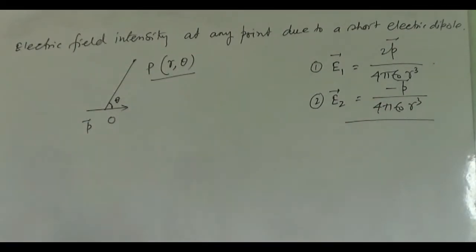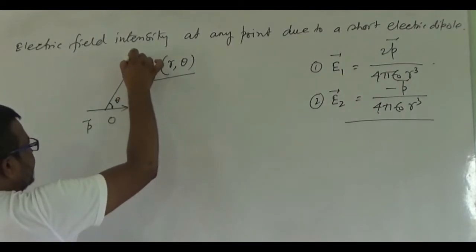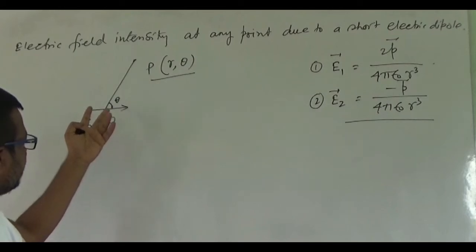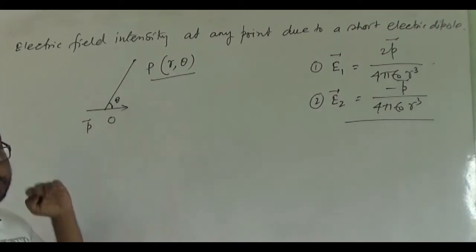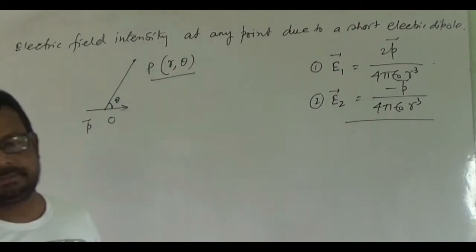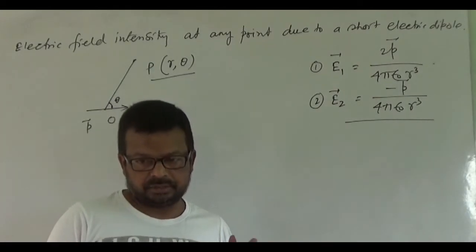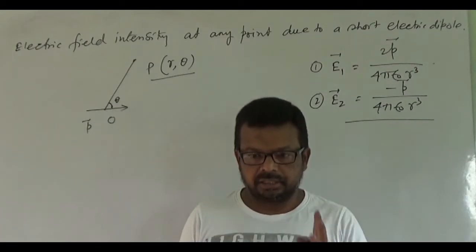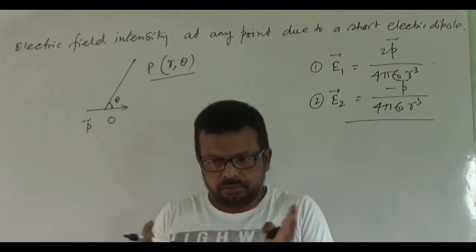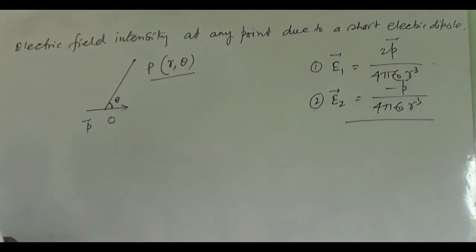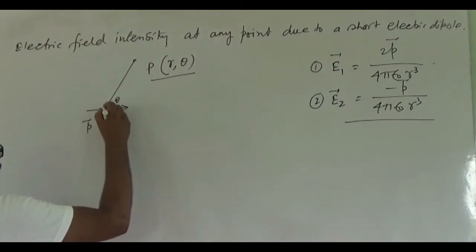Now we are going to find the electric field intensity at any point whose coordinates are r comma theta. For that, we divide this dipole into two components. We have already learnt from vector analysis that a vector can be divided into two components, right?